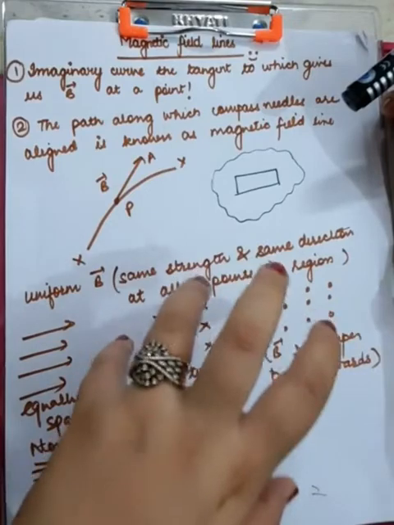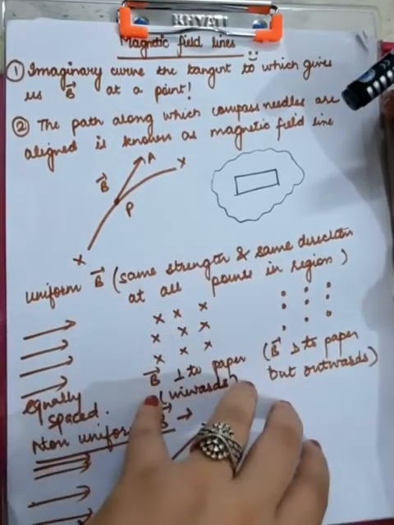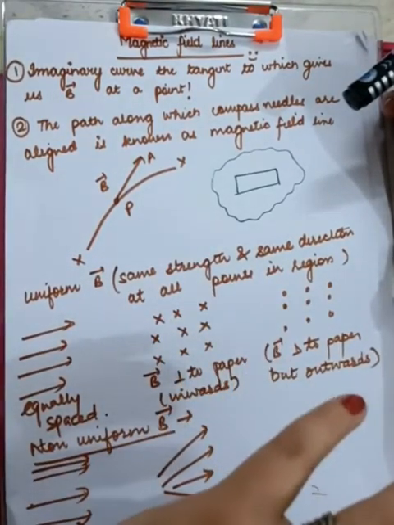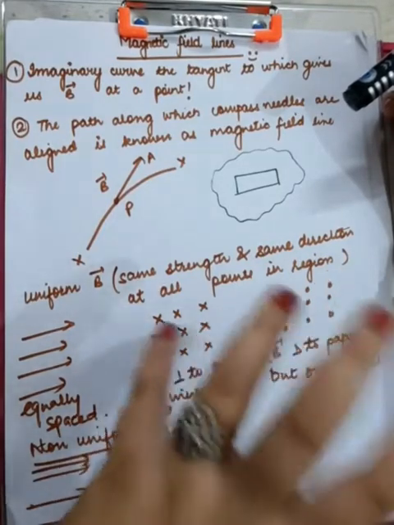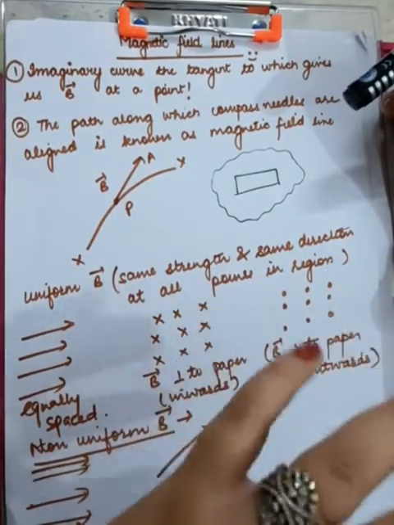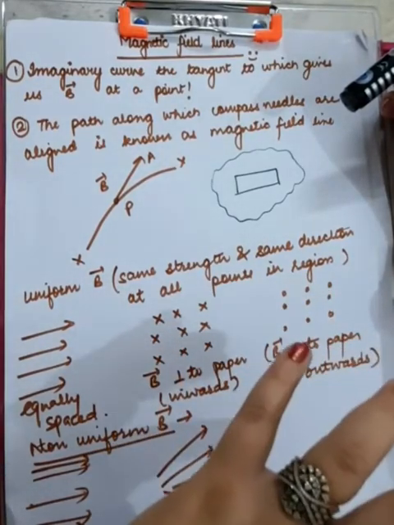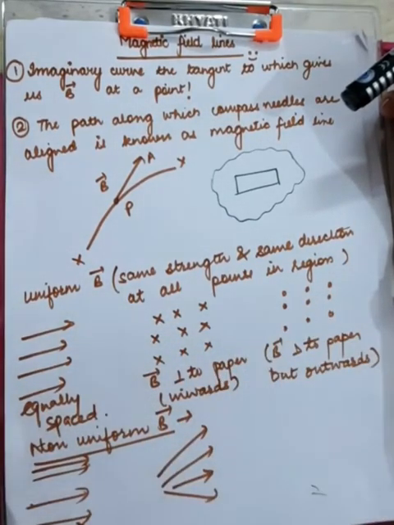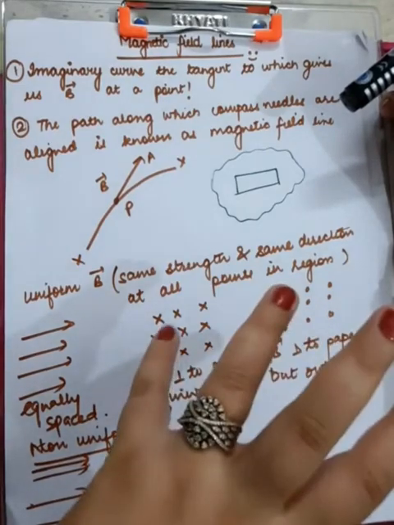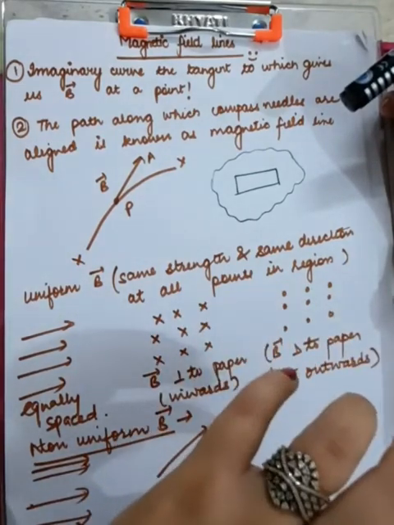To visualize the concept of magnetic field, Faraday introduced the concept of magnetic field lines. Magnetic field lines are nothing but imaginary curves which tell us the direction of magnetic field at a particular point.